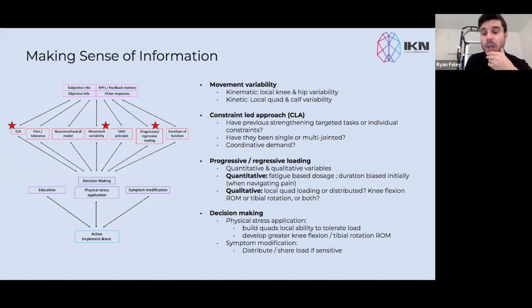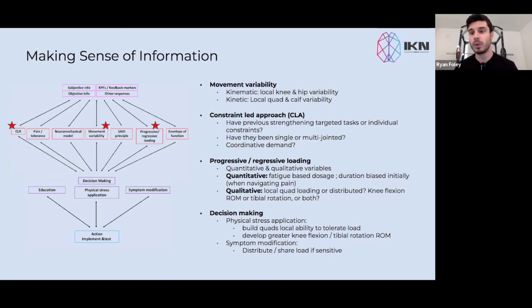Okay, qualitatively, are we locally loading the quad or distributing that load between the quad and a neighboring tissue? Because this is a mini case study, we're just going to focus our attention on the quadricep in this video. So if we make a decision to say, I want to load the quadricep because I believe that the quadricep has a low tolerance to force and to load, so I choose an exercise to load the quadricep.